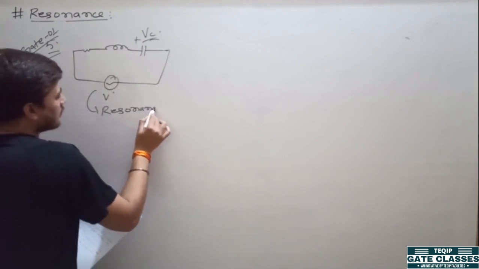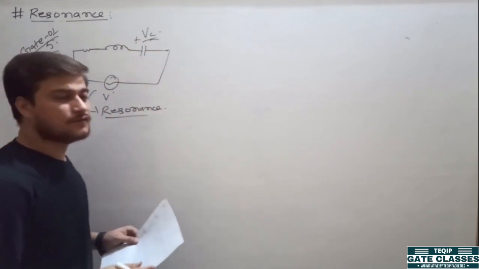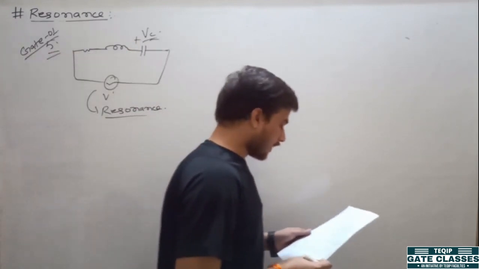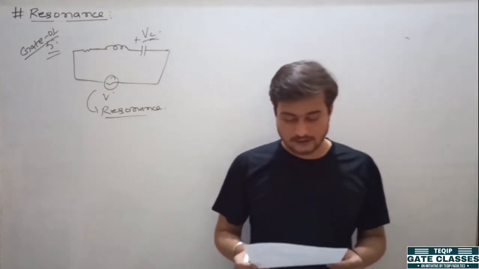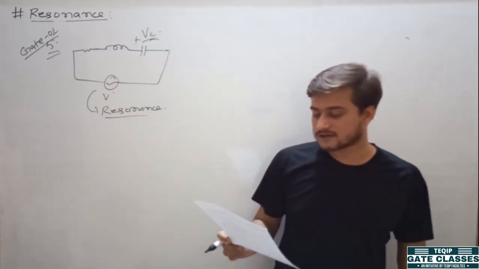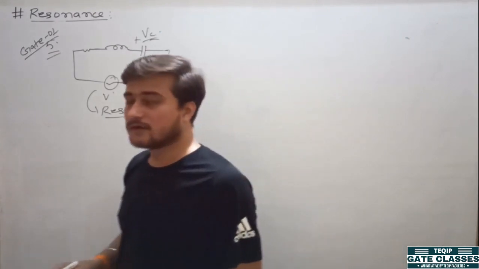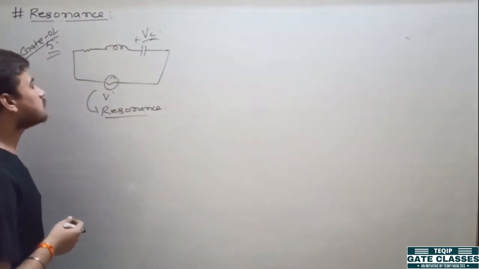So at resonance condition, what is the magnitude of voltage across VC? The options they have given are: always 0; can never be greater than input voltage; third option, it can be greater than input voltage but it is 90 degree out of phase; fourth option, it is in phase with voltage.